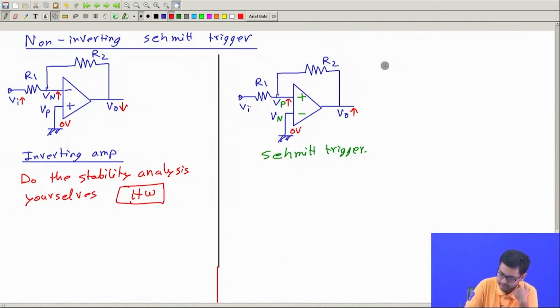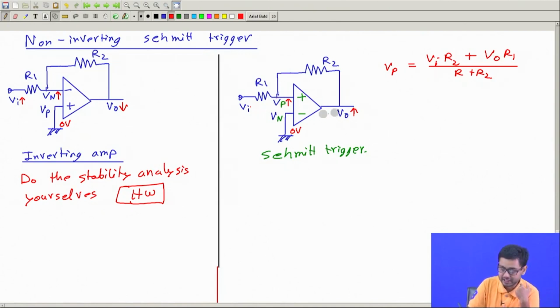Vp is always an average of Vi and Vo: Vi R2 plus Vo R1 by R1 plus R2. So if Vp is higher, output will increase, then Vp increases further, and output will increase even further.